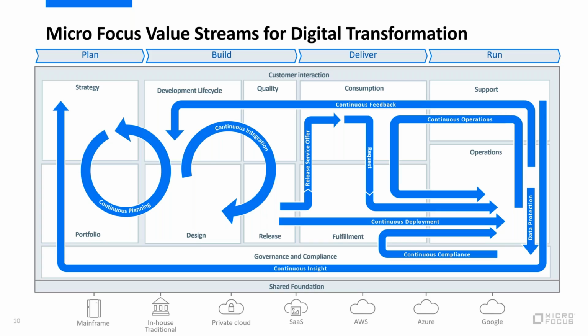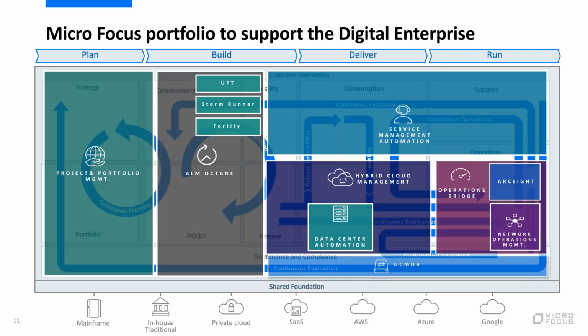And so having that generic architecture where you can line up the best products in the right categories, best for your given organization and your history, is really a key thing of the IT4IT framework and this end-to-end architecture. But if you stay with Micro Focus, we know how to tie it together.